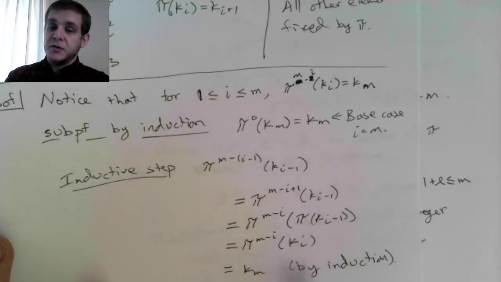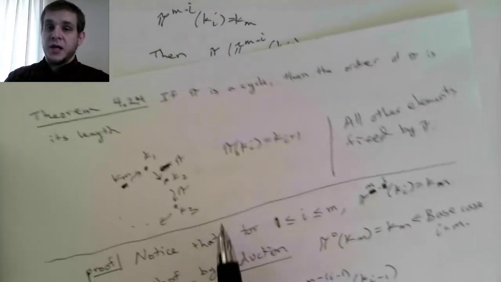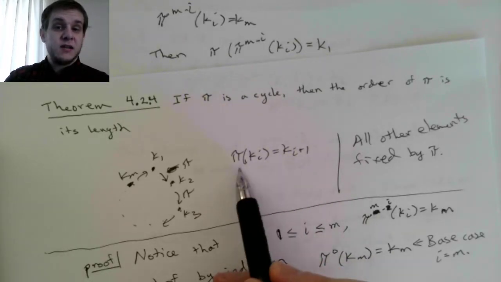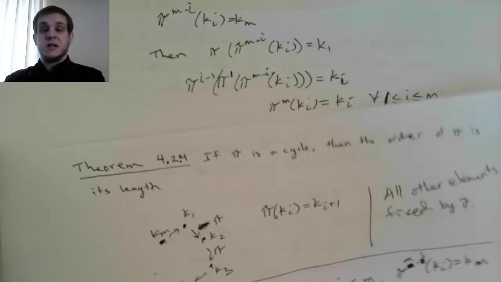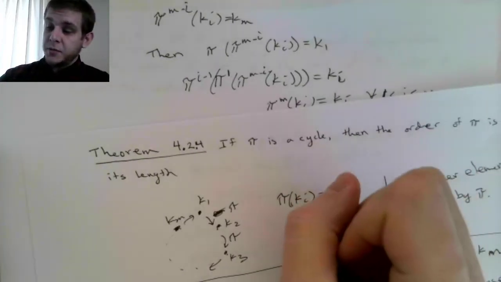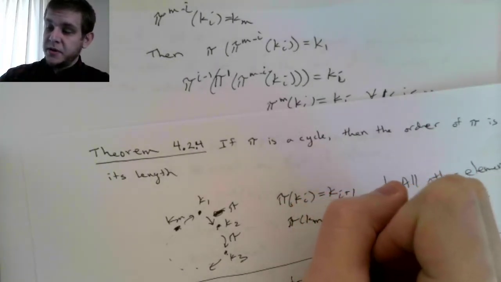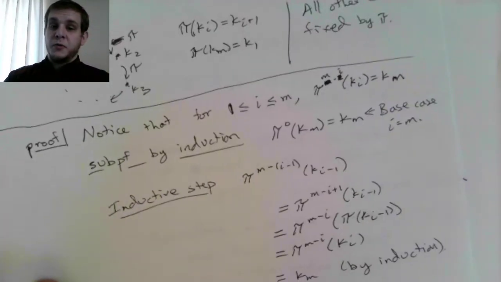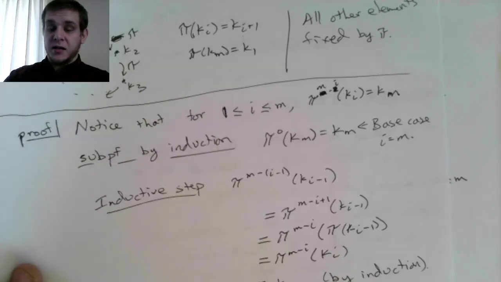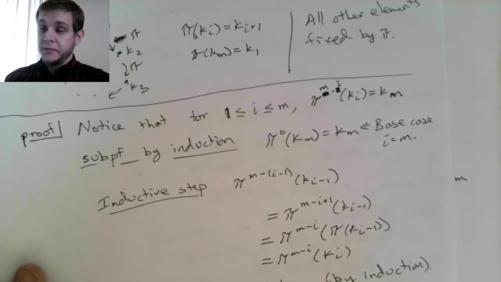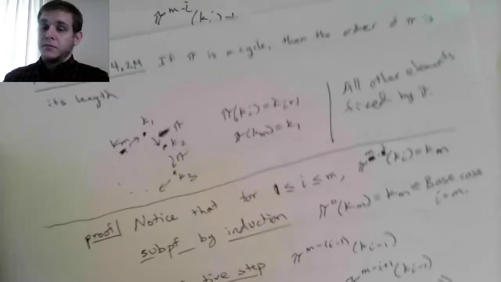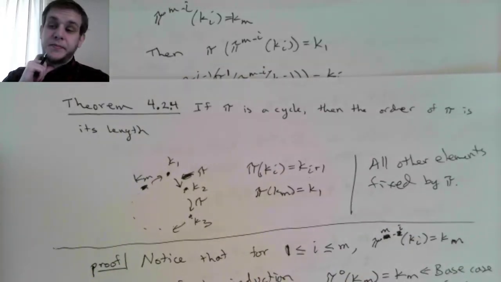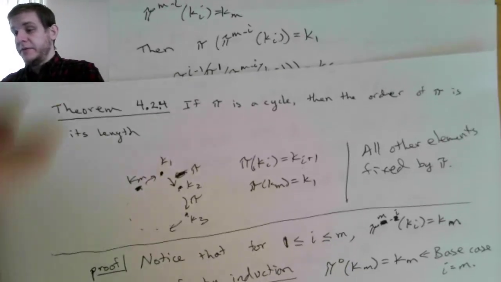But induction can be used to prove things that are intuitively obvious just from definitions that are well made. So the fact that we made our cycle definition using this, and also we have pi of km is equal to k1, using these definitions, we were able to prove exactly the cycle property, that the order of a cycle is its length. Something intuitively very clear.